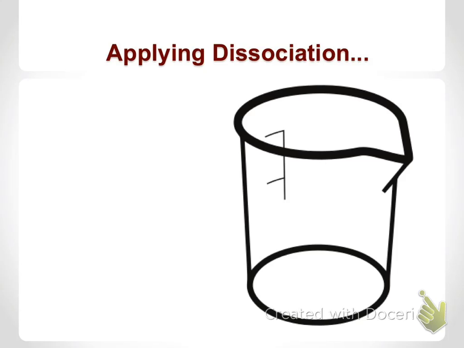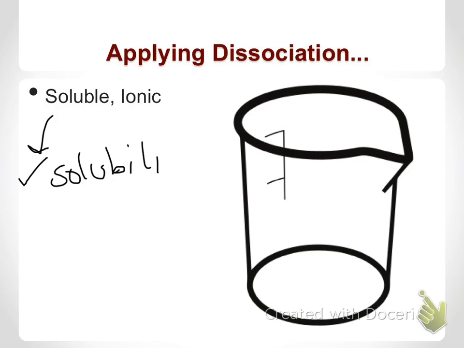So let's apply some dissociation principles based on what we've learned so far. First, let's talk about a soluble ionic compound. By the way, the easiest way to know if something is soluble and an ionic compound is to check your solubility chart, which I have extra copies of this morning if you need that.